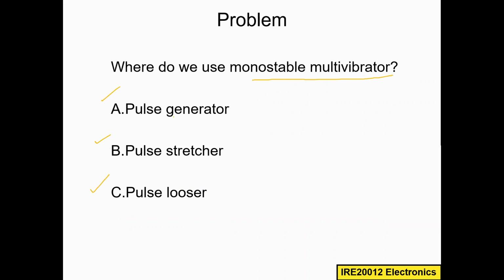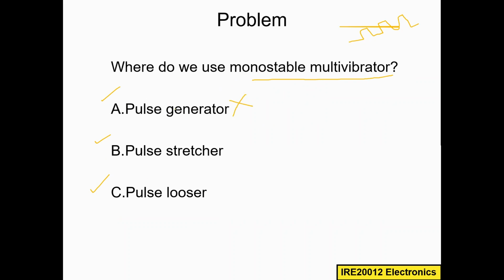In pulse generator we generate the pulse automatically like this. In monostable multivibrator, we do not get the output like this. If you want to change from one state to another state, we must give the trigger. So we are not using this monostable multivibrator in pulse generator.